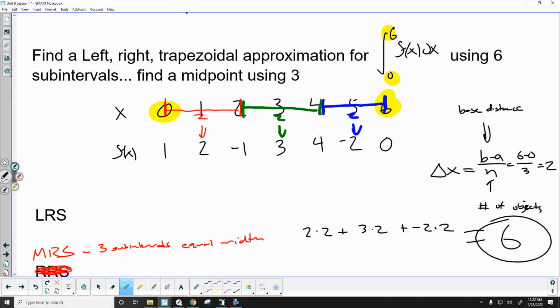All right, let's see if you really know what you're doing. Please find a left Riemann sum using 6 subintervals with equal width. Six subintervals, left Riemann sum.